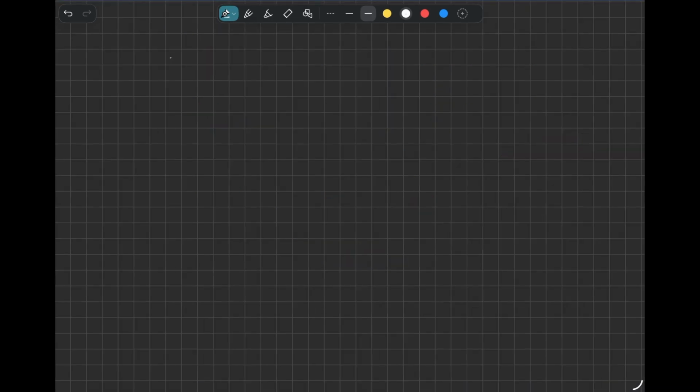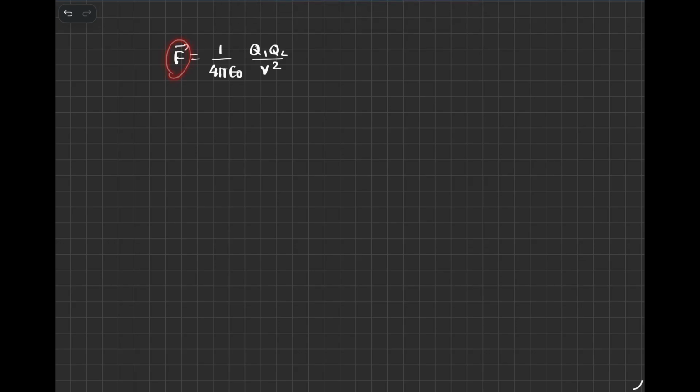Let's discuss Coulomb's law a little bit more in detail. Now we have already written F equals 1 by 4 pi epsilon naught into q1 q2 by r square. If I want to write it in vector format, then I can just write r cap here.